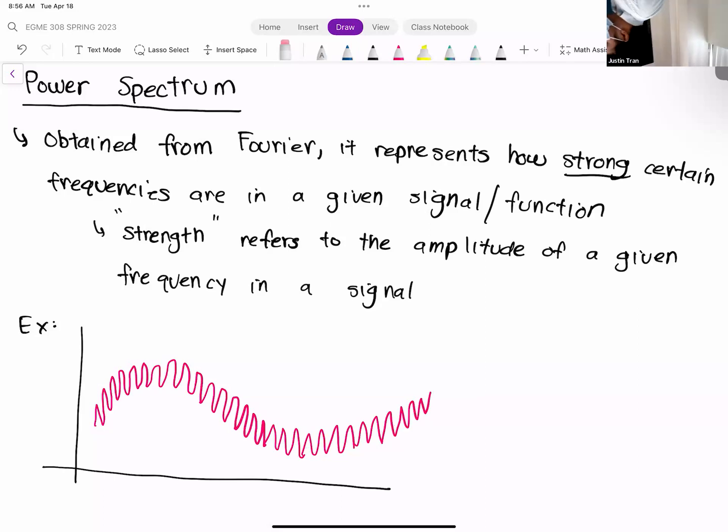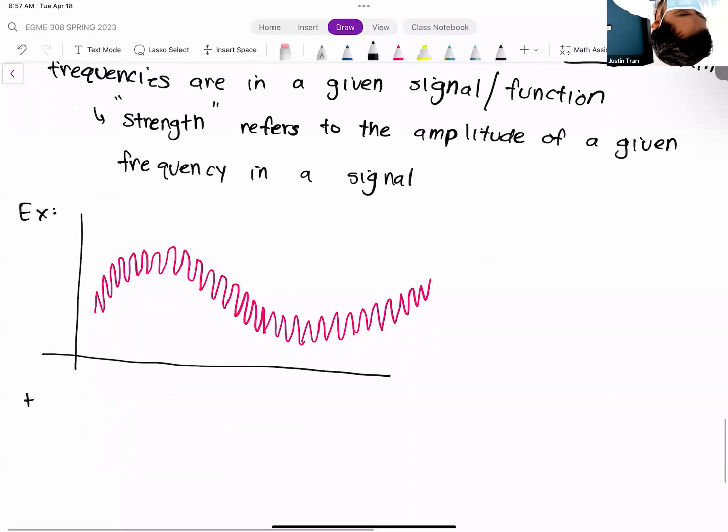And so you have a signal that looks like this. If you look at the longer term pattern, you can see a slow oscillation here. But on top of that slow oscillation, you have this high frequency noise superimposed on top. Okay. So we have high frequency noise.